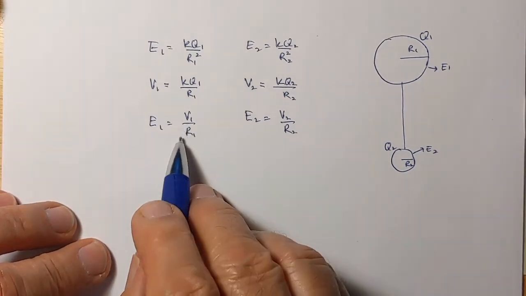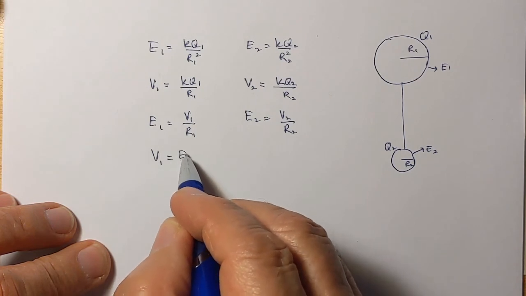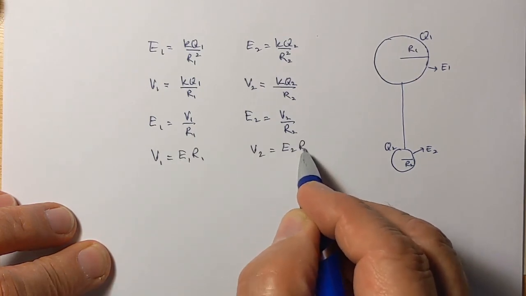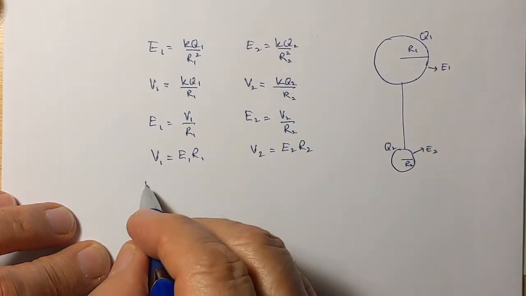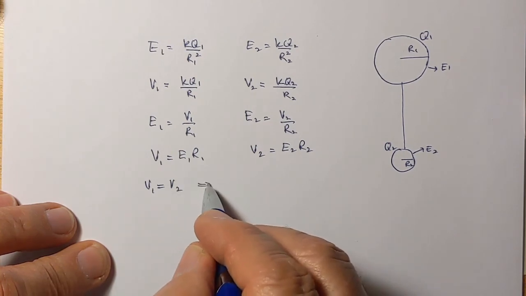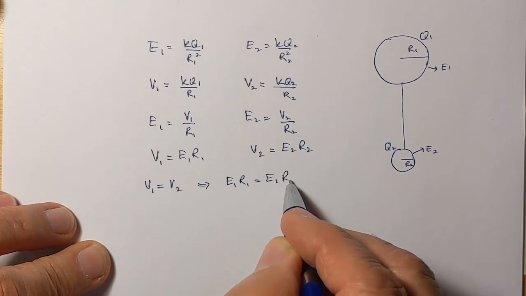We can rearrange that and say V1 equals E1 R1 and V2 equals E2 R2. But because they are connected together, V1 equals V2, and therefore E1 R1 equals E2 R2.